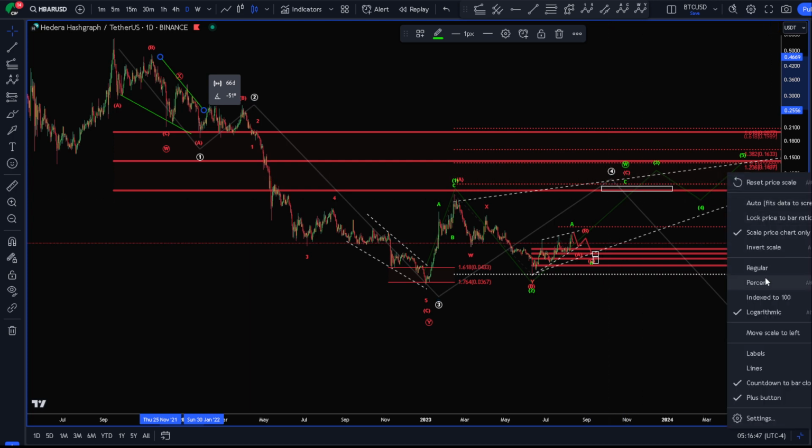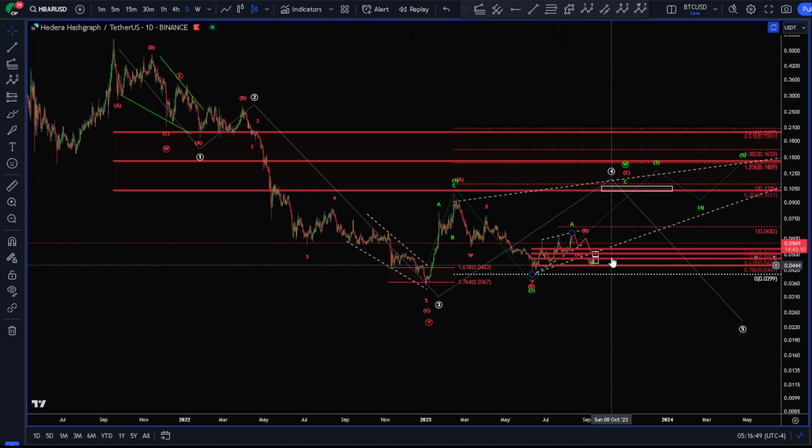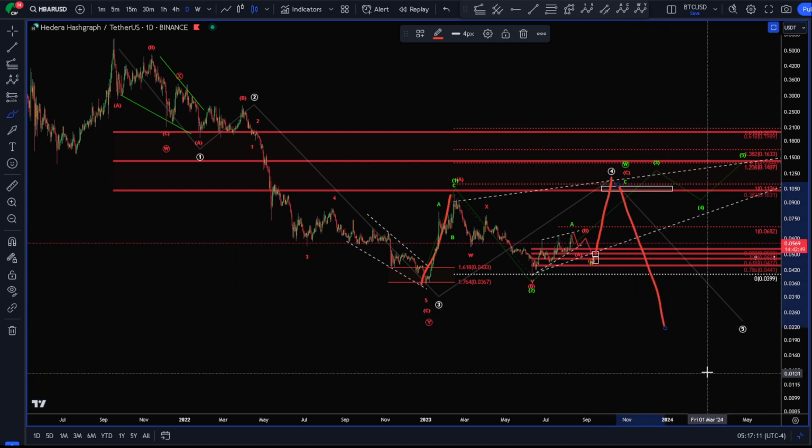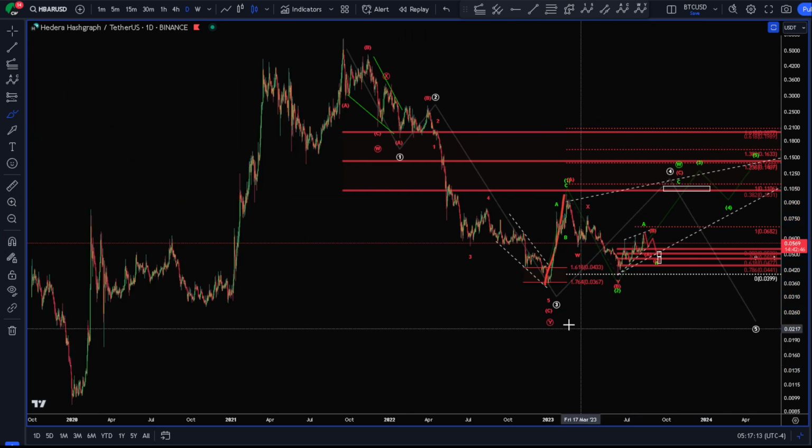And if you look on log scale, that hits us around 10 cents at the 382, and that's also right at the 1-to-1 extension of our A to either our WXY or ABC, where we get a 5 wave here in the C, before potentially making new lows to actually complete an expanded flat. So something to be aware of.